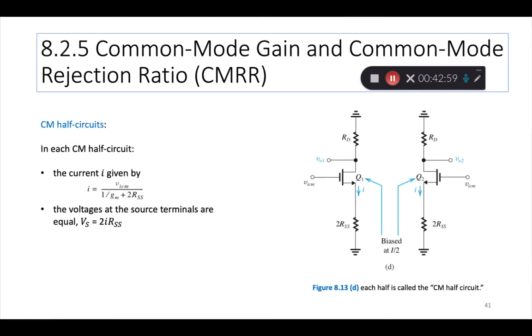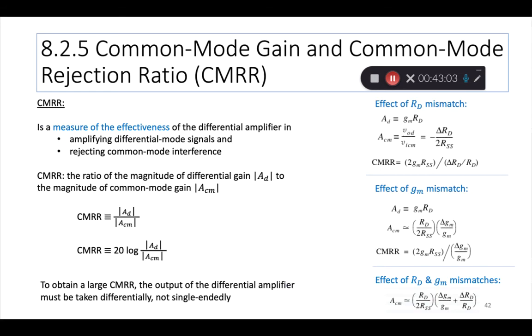So there are two ways that common mode gain appears and is not 0.